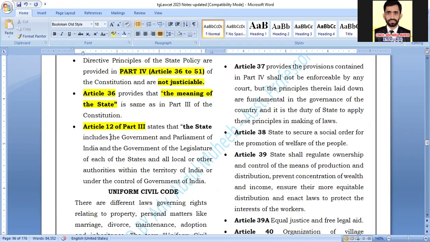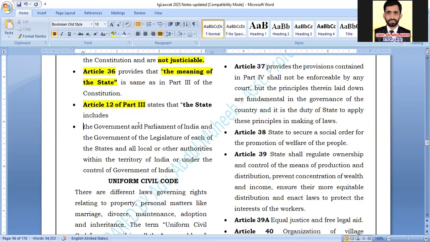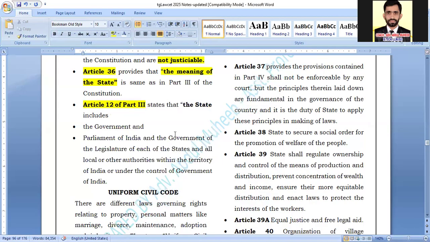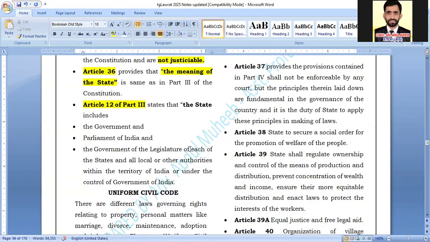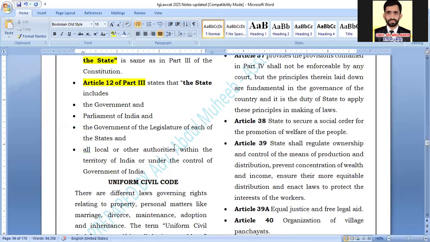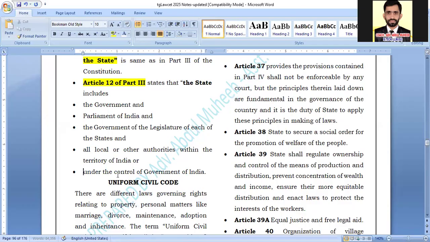It includes the government, Parliament, the government and the legislature of each state, and all local and other authorities within the territory of India or under the control of the Government of India.